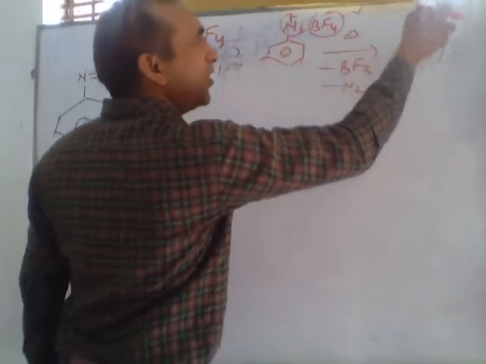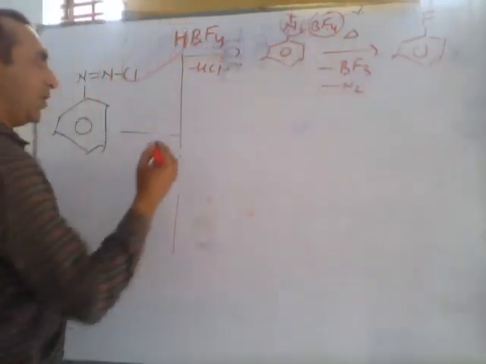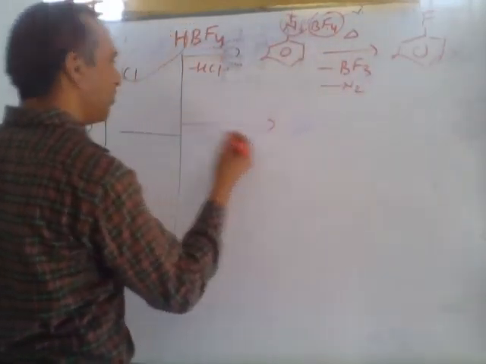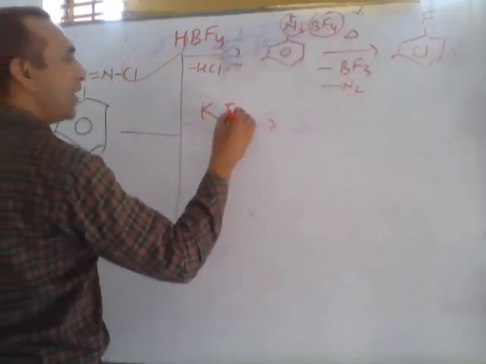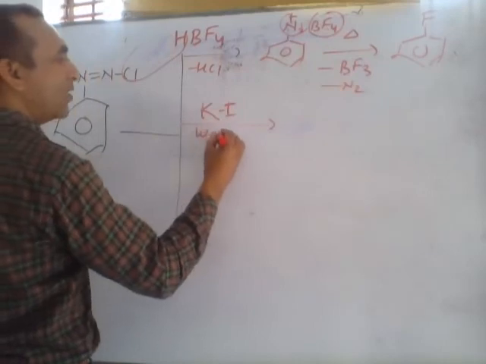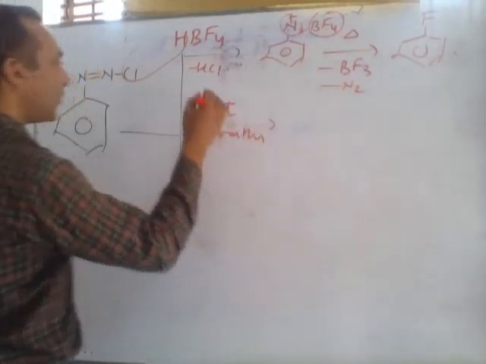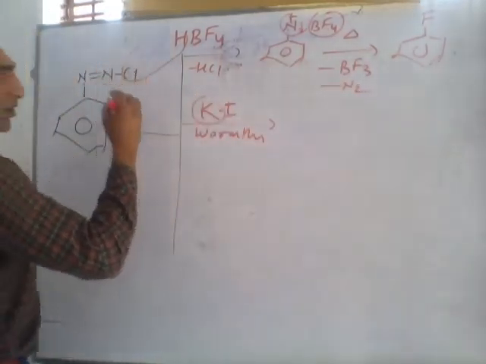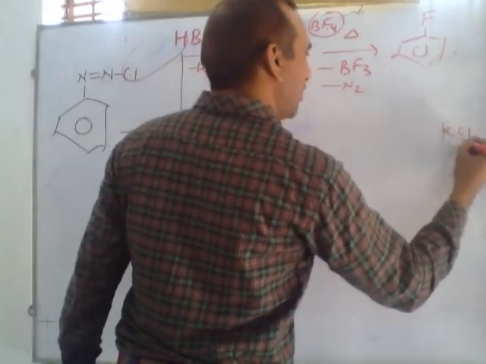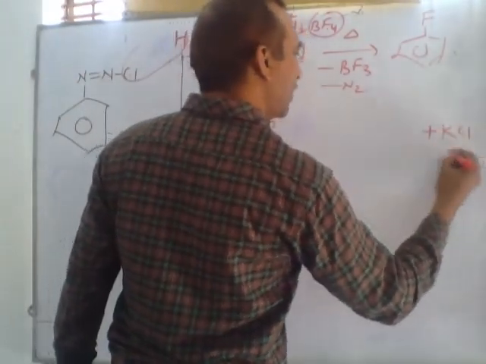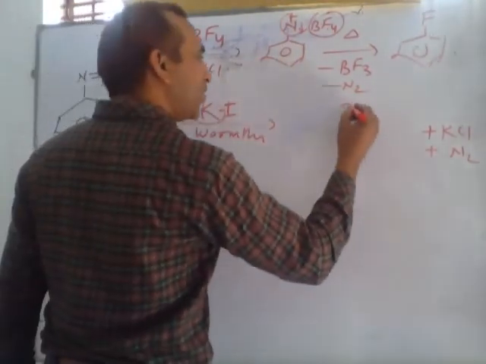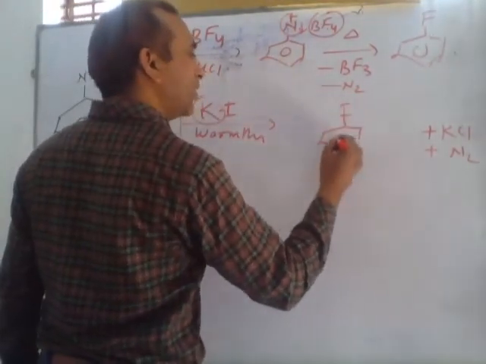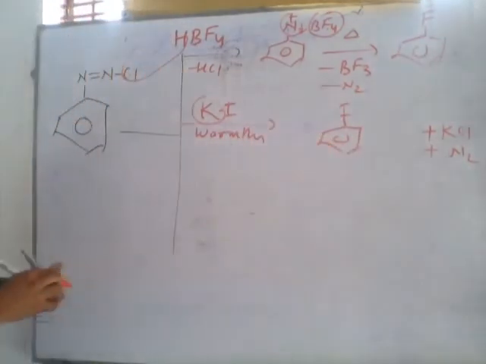On heating, it gives fluorobenzene. If we want to prepare iodobenzene, very simple, we use reaction of KI in warm water. This K replaces chlorine, KCl, N2. This iodine of KI is directly joined with the ring.